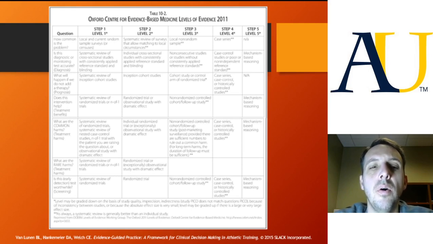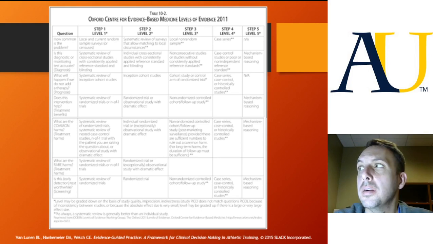You have to, more importantly than just trying to figure out what is a level 1 evidence level study, but more along the lines of figuring out how can I use each one of these different types of levels within my clinical practice.